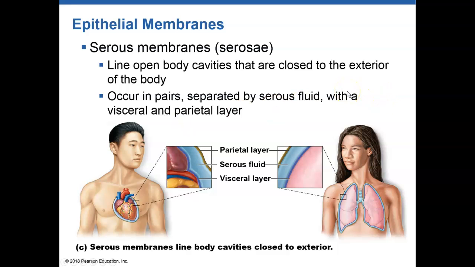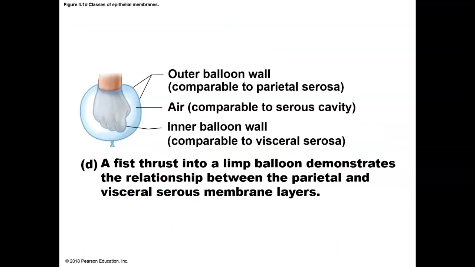We have serous membranes. Serous membranes line, and this is from your textbook, this picture, body cavities that are closed off to the external environment. So these are serous membranes that line things like your heart, your lungs, your abdominal pelvic organs. And they contain three basic regions.